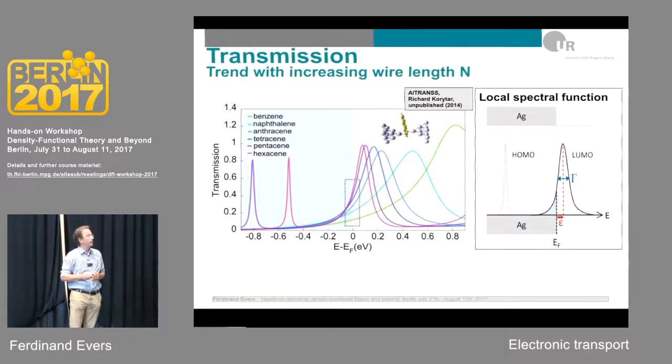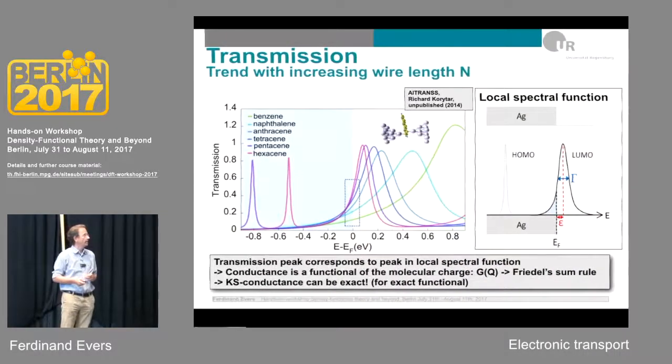And now why does the transmission saturate? You see, saturation of the transmission means that this point here intersecting with the Fermi energy moves up and up and up, but not arbitrarily until this point, but until this point. And that point is actually controlled by the amount of charge on the molecule, and that has something to do with the Friedel sum rule. There's a Friedel sum rule that associates the charge on the molecule with the conductance.